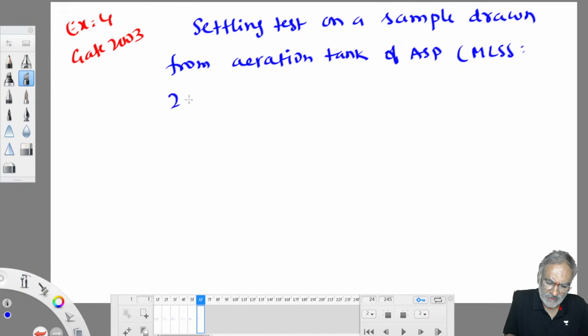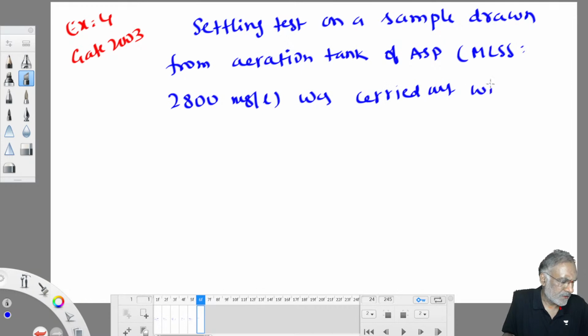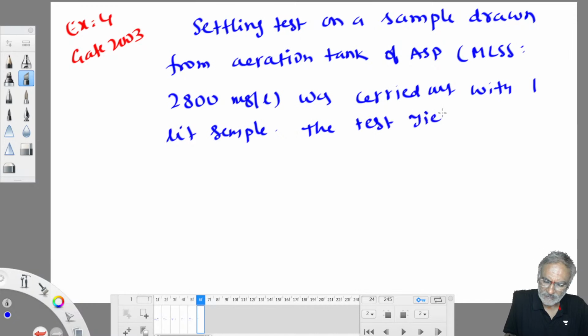MLSS is equal to 2800 milligram per liter. The test was carried out with a 1 liter sample. The test yielded a settled volume of, what is the settled volume?